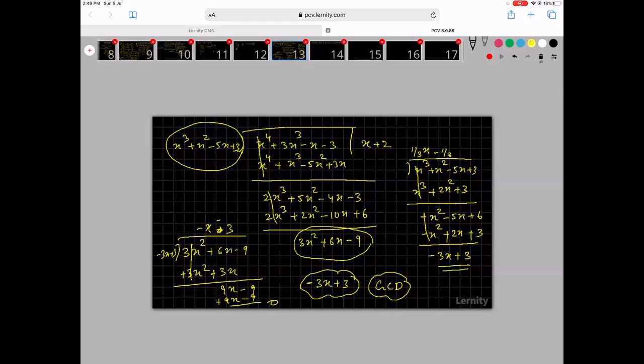I'm not able to explain it correctly. I have to take up one more example and then I have to explain. So the GCD is not this. The GCD basically comes from that last remainder. So just wait, we'll do one more question and then I'll be able to explain it better.